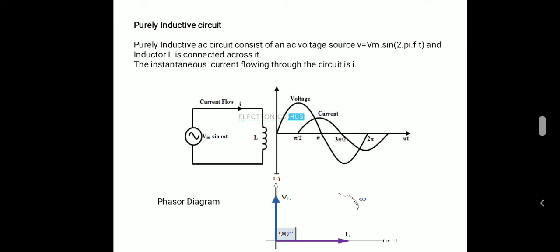To draw the phasor for the voltage, if you see the waveform, voltage leads current by pi by 2 radian or 90 degrees.